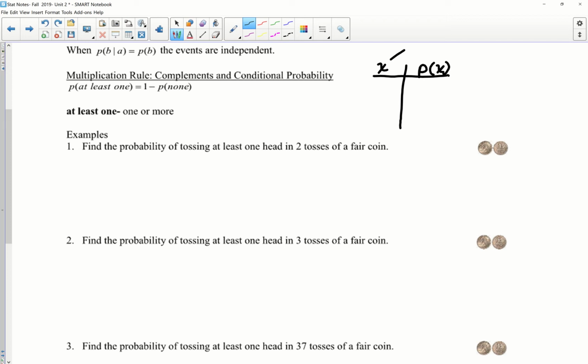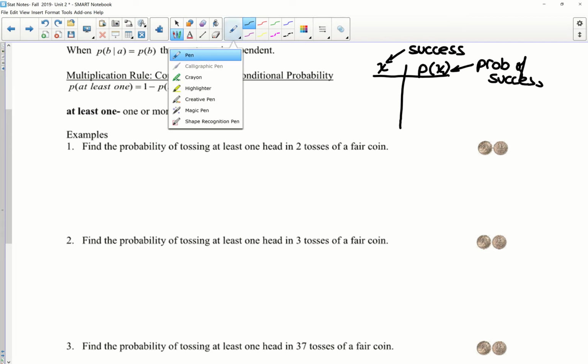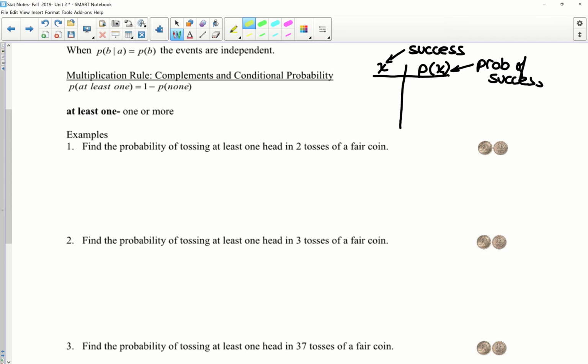All right, so x represents success, and then P of x represents the probability of success. This is going to be under the complements and conditional probability stuff, so I'll highlight it for you. This rule.